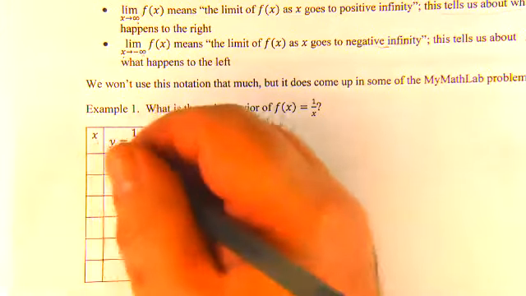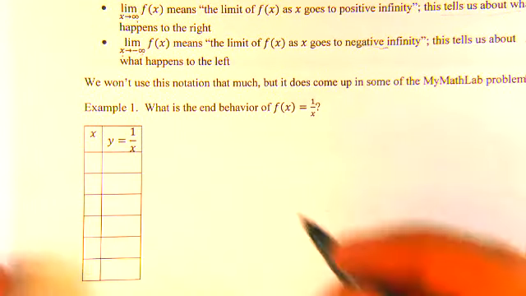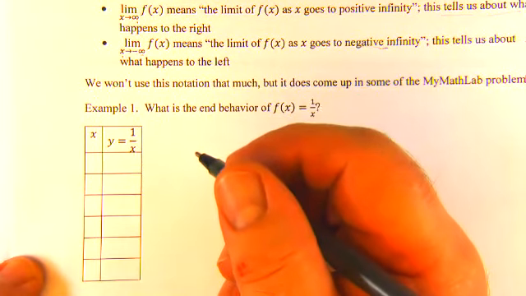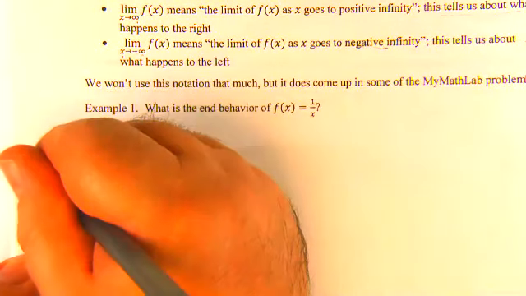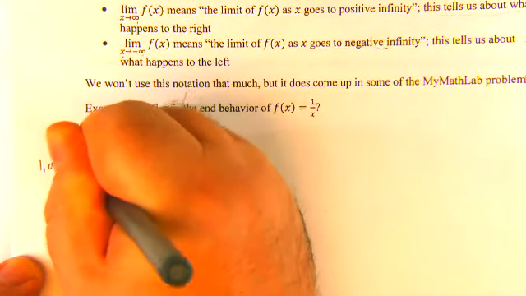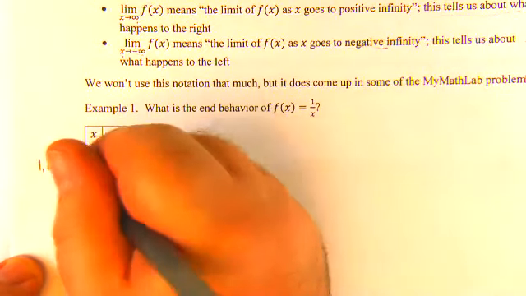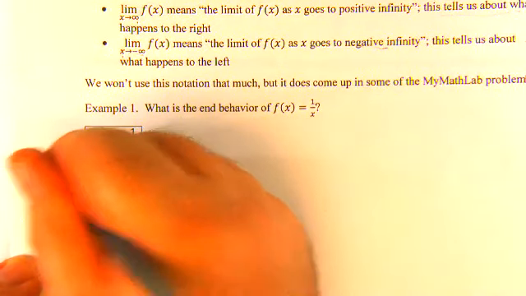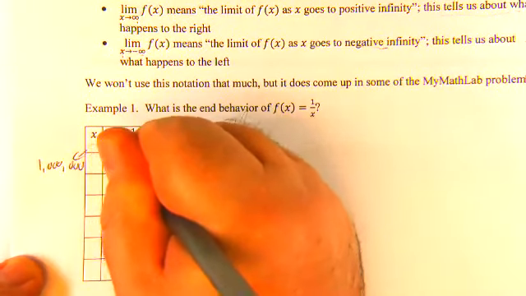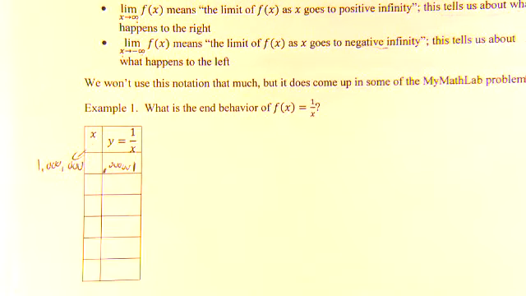Suppose we take a really big x, like 1,000,000. Suppose x is 1,000,000. What's 1 over x? Well, it's 5 zeros and a 1 at the end. It's a really small number.